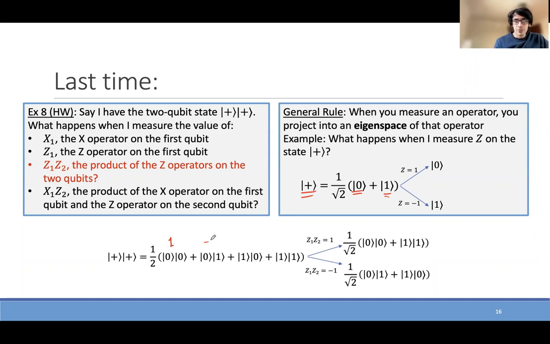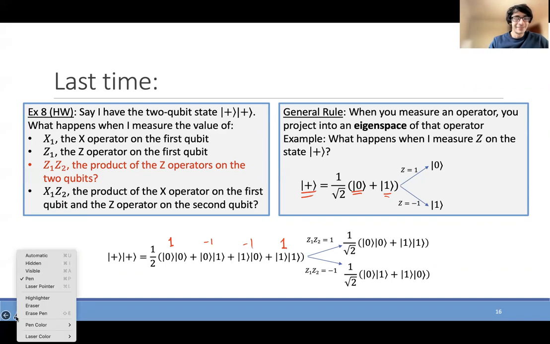This one has a value of -1. This one has a value of -1. This one has a value of 1. And when I say you're going to measure an operator, what I mean is you're going to measure its eigenvalue. Does that answer your question? Great.